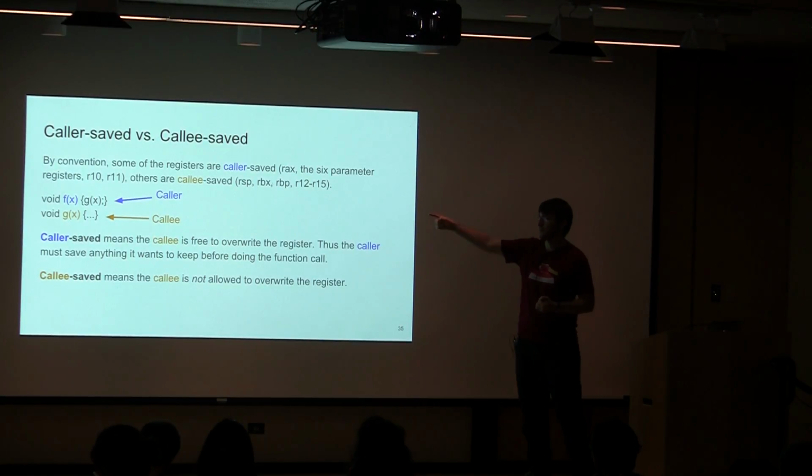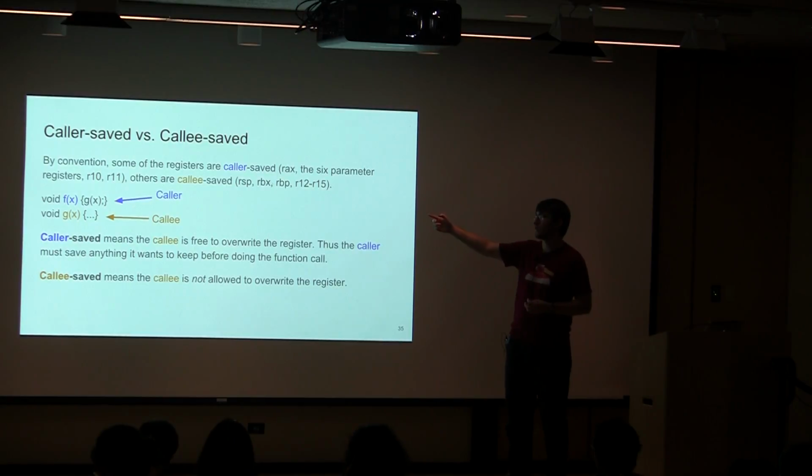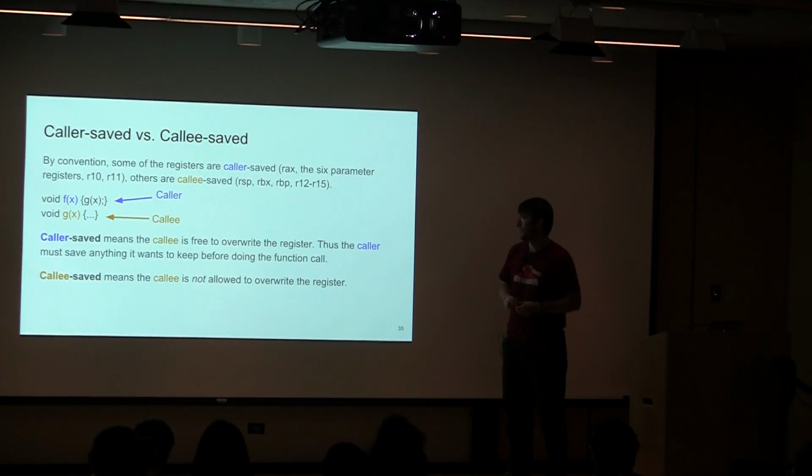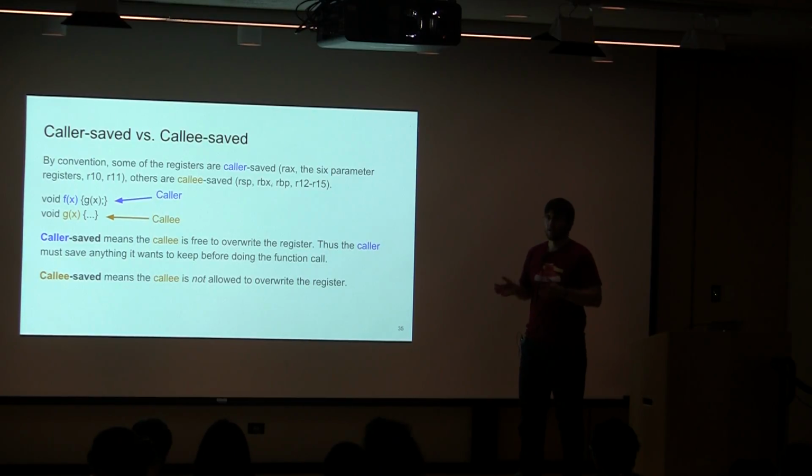To make this more concrete, if we have a function f and a function g, and f calls g, then f is the call-er in blue and g is the call-e in yellow. If it's a call-er saved register, that means it's the responsibility of the caller to save its value.